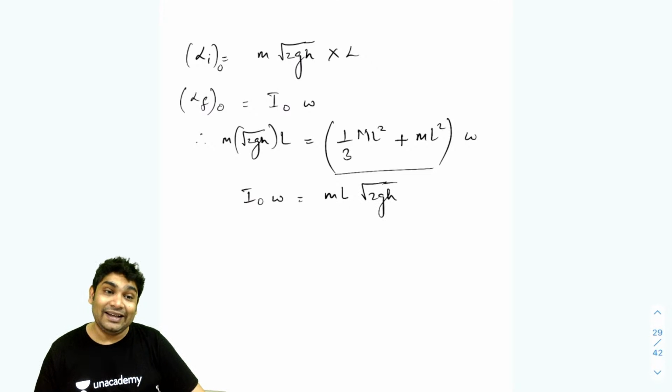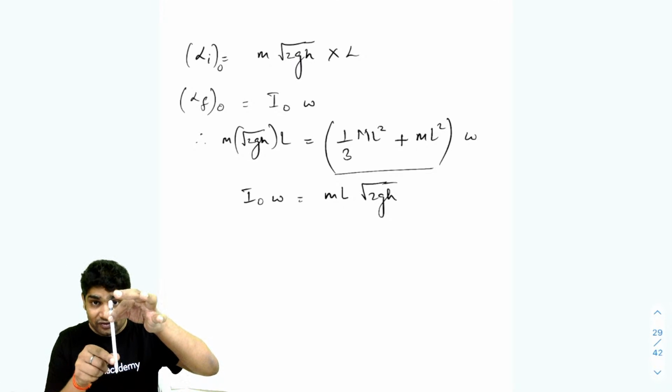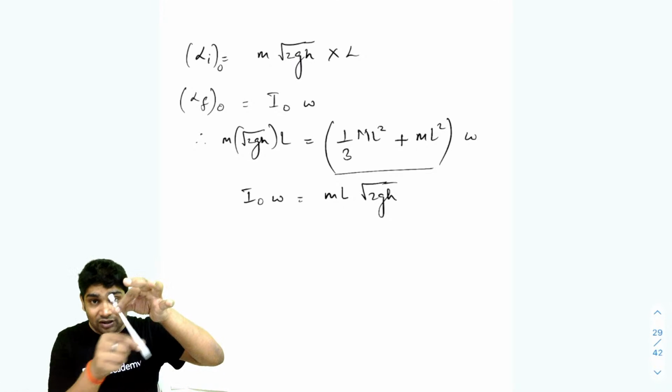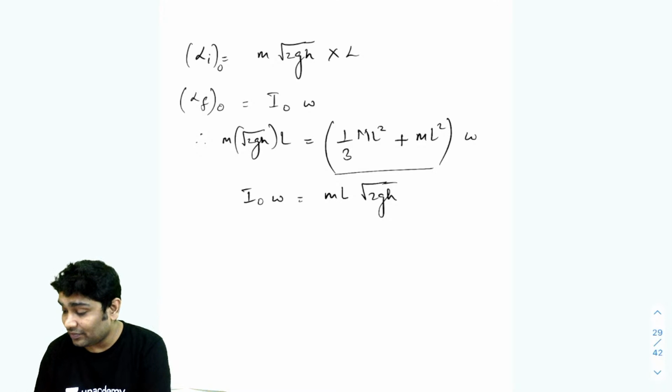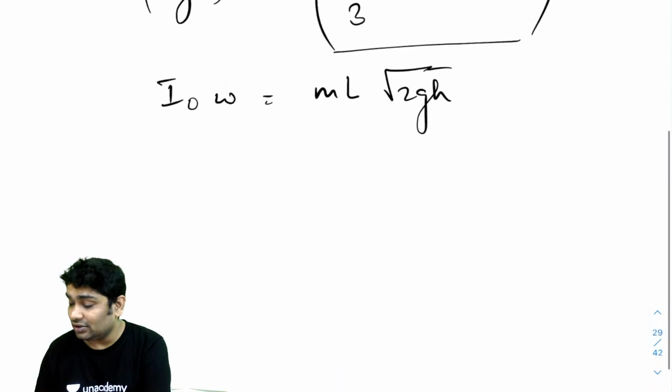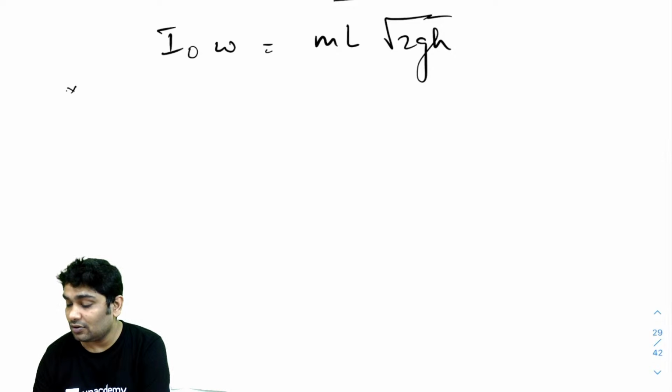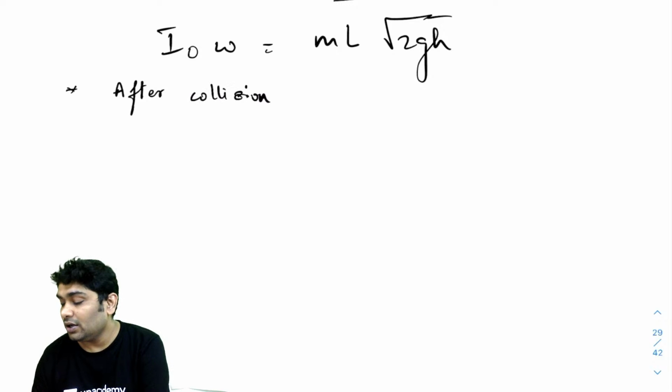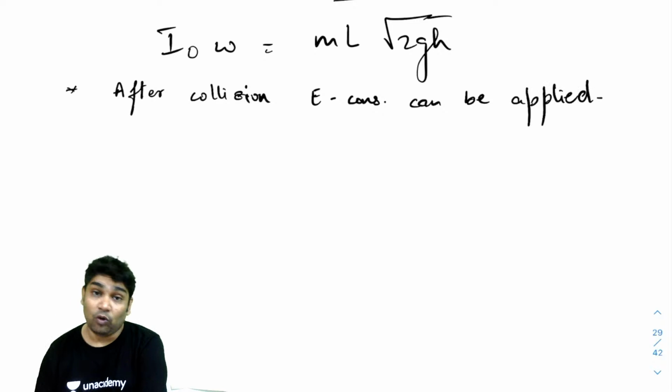Now I can apply energy right after the collision. After the collision, once it starts to rise, there is no non-conservative force, so energy conservation can be applied. What would that give me?